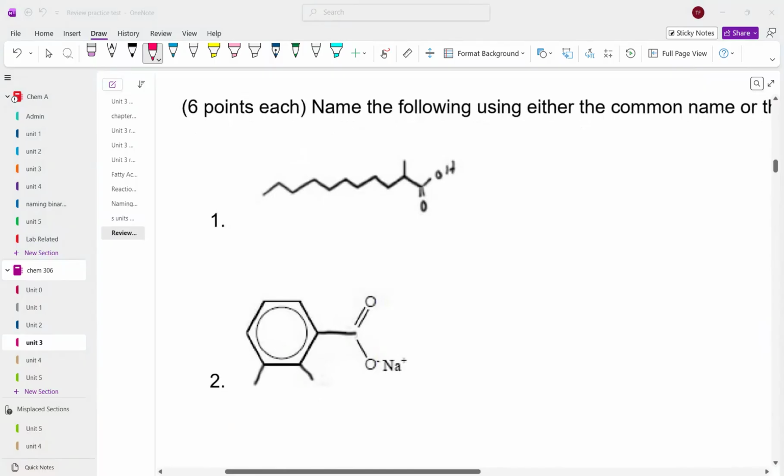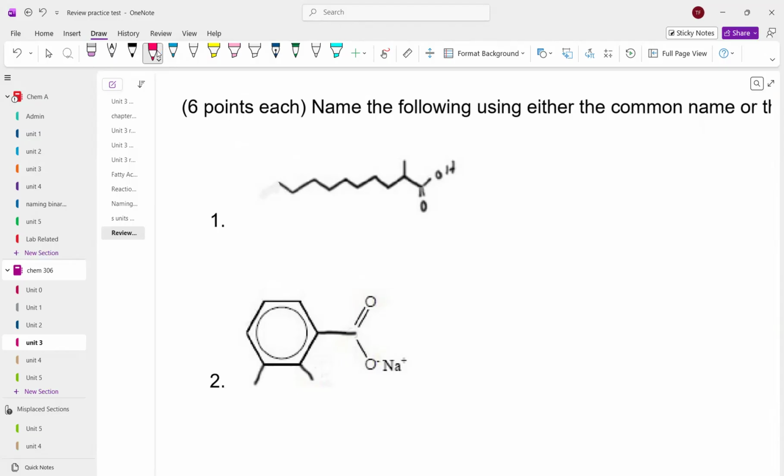Okay, so let's work on naming here. All right, first of all, backbone. We've got 1, 2, 3, 4, 5, 6, 7, 8, 9, 10, 11. Let's not do 11. Let's do 10 instead.